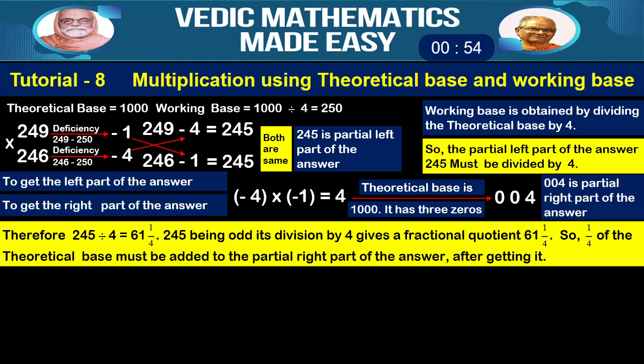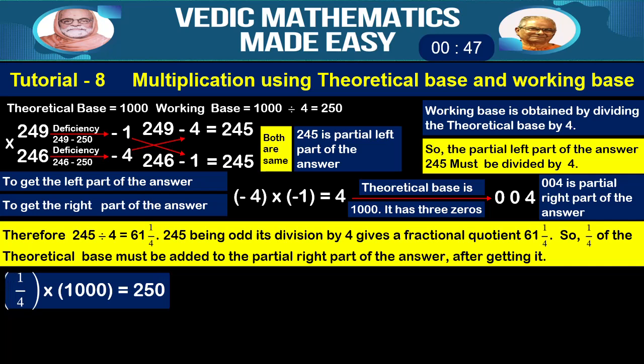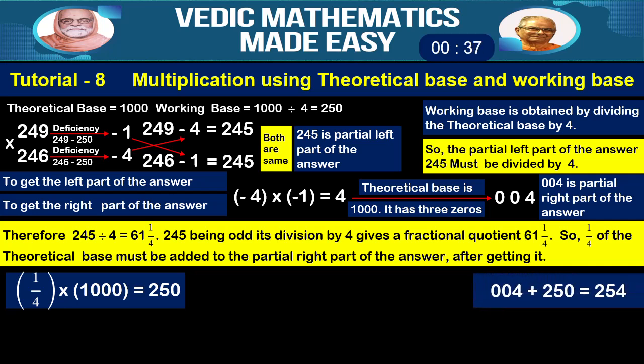This is the partial right part of the answer. Now, 1/4 of 1000 is equal to 250. This must be added to 004. Therefore, 004 plus 250 is equal to 254.